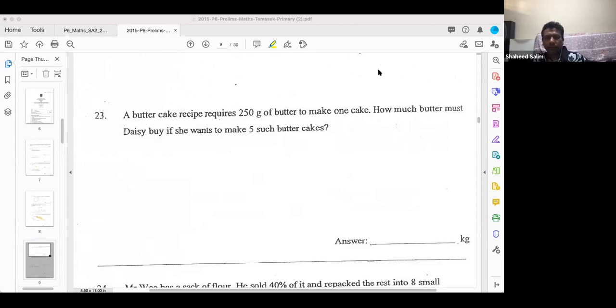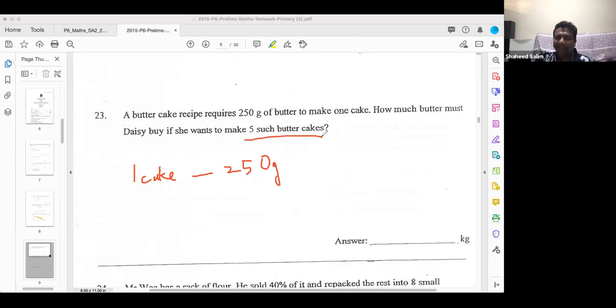Okay. So you can write like that. How to write? One cake, 250 grams of butter. That's one cake.